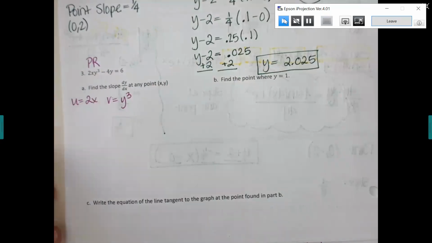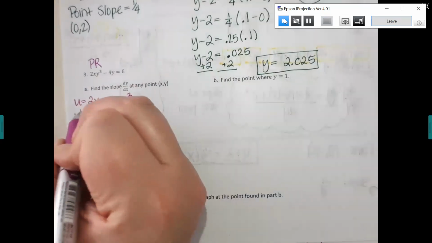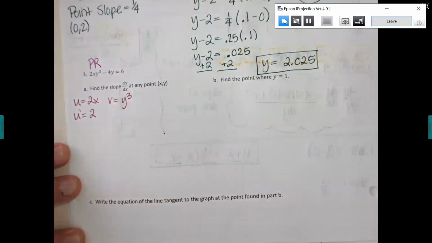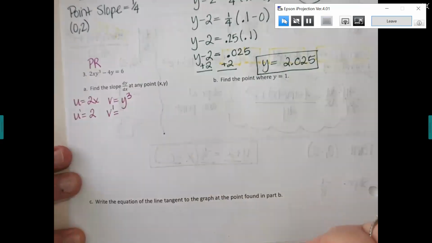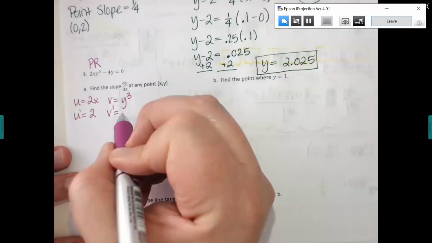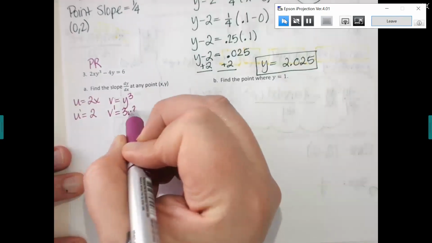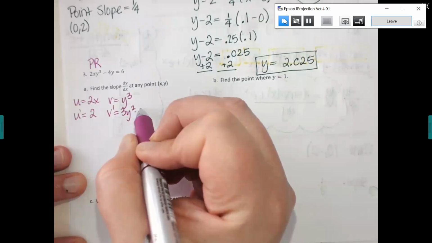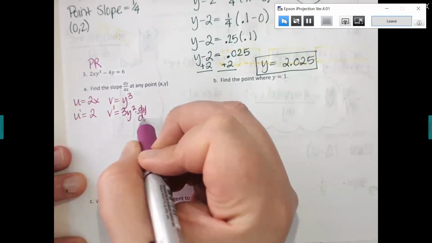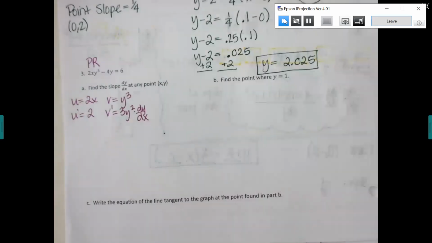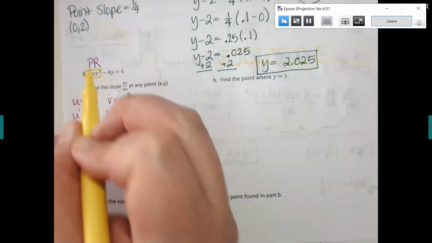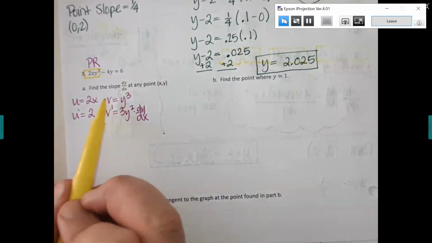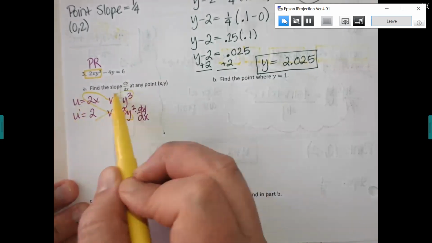What is the derivative of 2x for my u prime? Okay, just the 2, that is correct. For my v prime, I want the derivative of y cubed. What would that be? 3y squared what? Thank you, dy dx. Very good. Okay, so now I'm going to write the derivative just for this piece. It's going to be this plus this.